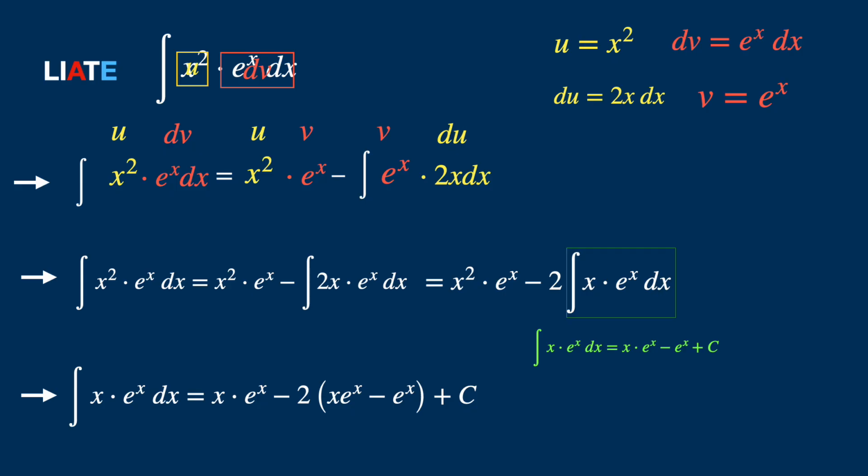So distribute the negative 2, you have x squared e to the x minus 2x e to the x plus 2 e to the x plus c. In this example, we have used integration by parts twice. Guys, the question is more complicated, but pay attention to which one you pick for u and which one is dv.